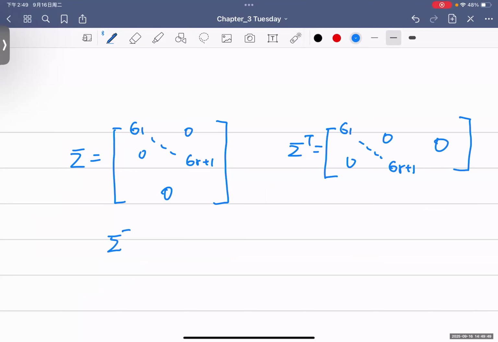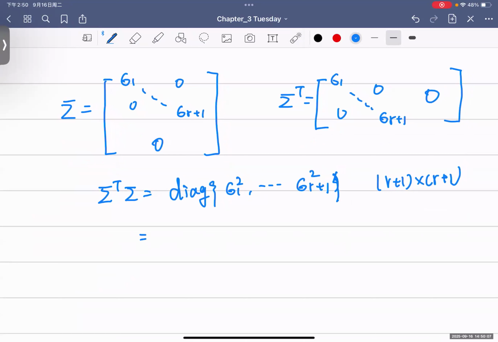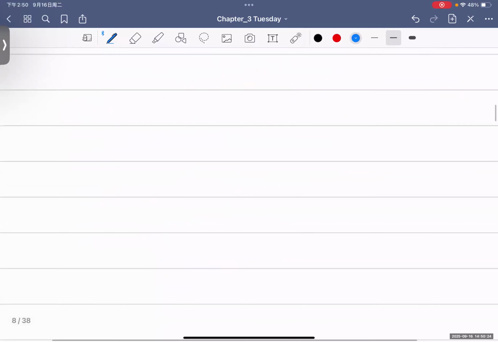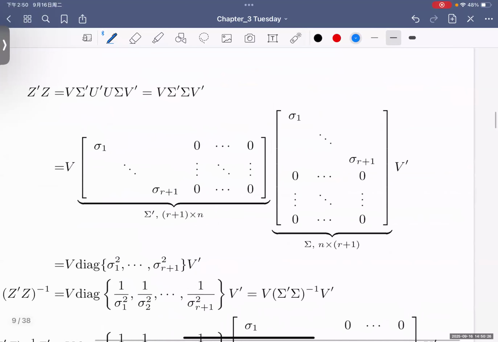So therefore, sigma transpose sigma is a diagonal matrix whose size is r plus 1 times r plus 1. Actually, I should write down the full size, with the elements sigma 1 square to sigma r plus 1 square. You don't need to copy; I have the answer directly shown here.